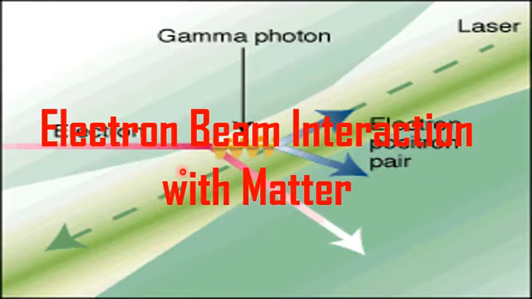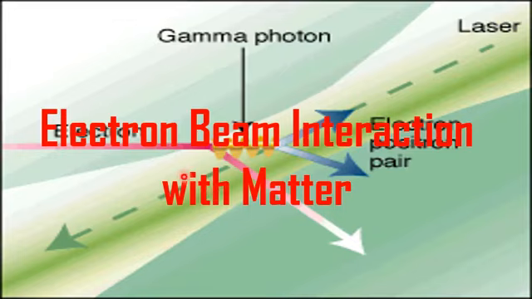It may cause an emission of tertiary or secondary electrons from the sample surface. It may cause an absorption of the incident beam of electrons inside the sample. The electrons may also be transmitted through the sample.